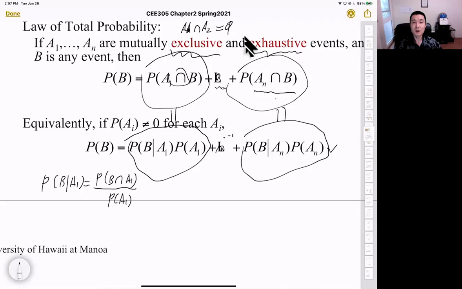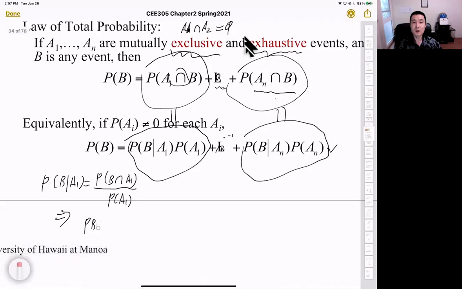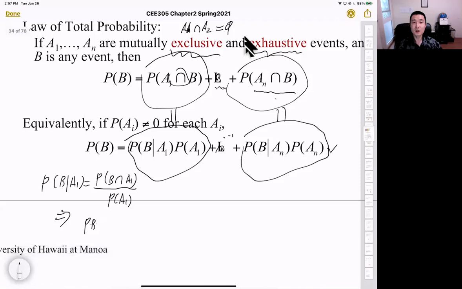That translates into P(B and A1) equal to P(B given A1) times P(A1).